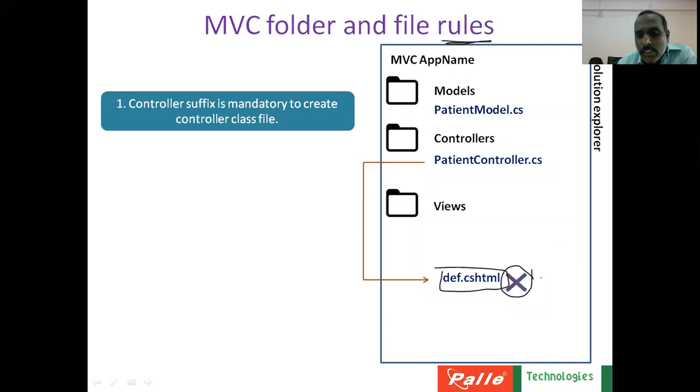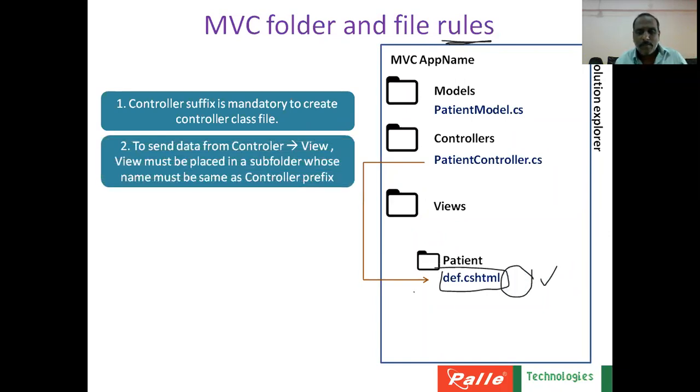You must place your view inside a special folder. If you want to receive the data into your view from PatientController, your view must be placed inside a subfolder whose name must be the same as this controller's prefix. Observation is important.